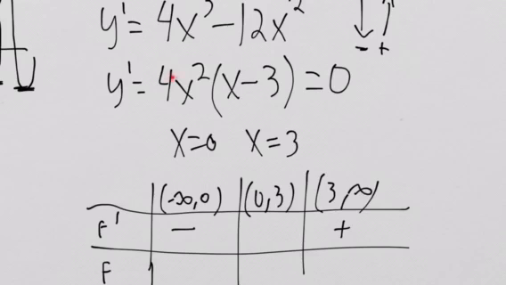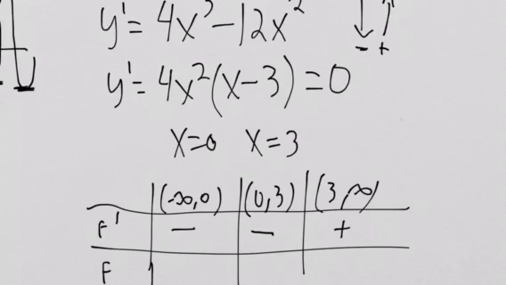At x equals 0, we have this 4x squared factor, and we've talked about how if the factor causing the 0 has an even degree or an even exponent, meaning an even multiplicity, then it causes a bounce, which means that we hit that x-axis and then bounce and keep going down. So it's negative and then it stays negative. And then we already know it switches positive because we filled that in already, but we can also say this factor has a multiplicity of 1, an odd multiplicity, which means there must be a sign change that occurs at x equals 3, so it goes negative to positive.